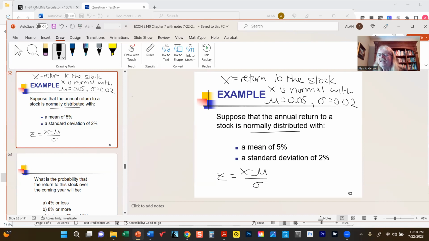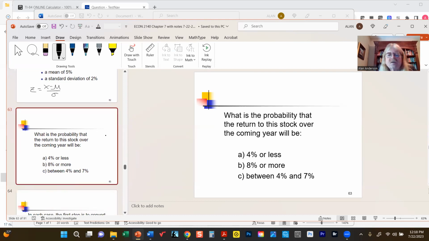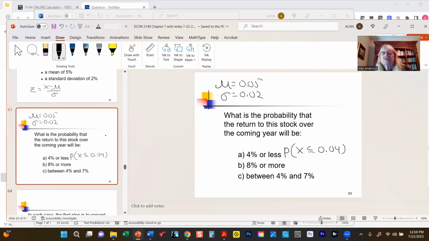But I think it's high time that we open up the secrets of the calculator to do these probabilities. Okay, so let me just quickly remind ourselves that the mean is 5 and the standard deviation is 2. So this one is a cumulative probability less than or equal to 0.04.